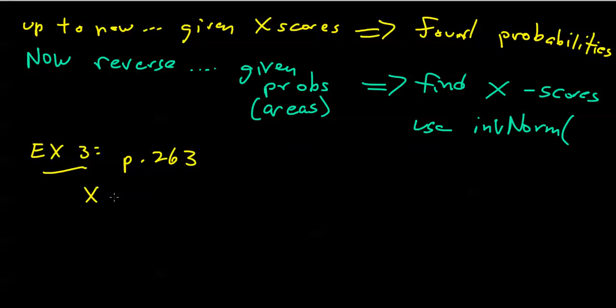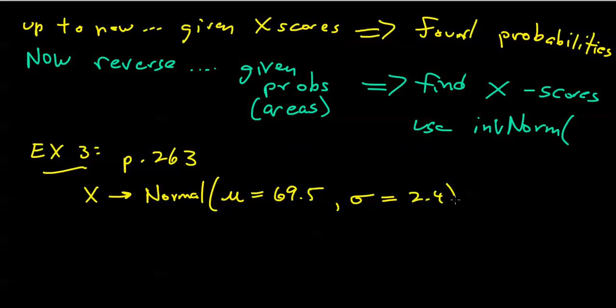So again, I'm going to make this assumption that men's heights are normally distributed with a mean of 69.5 inches, same as in the last example, and a standard deviation of 2.4 inches, right?